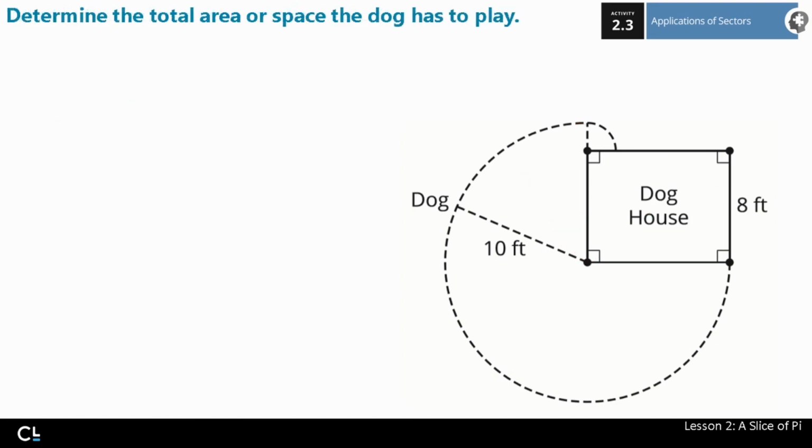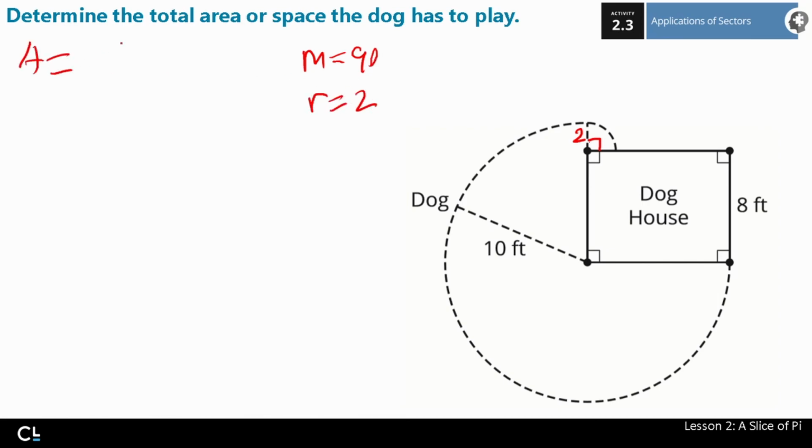And now it says, determine the total area or space the dog has to play. Well, we know this whole big sector, right? And the dog could still technically run in the smaller sector here. So we have to find the area of that smaller sector. For that smaller sector, we know that this radius is 2, and we have a 90-degree angle here. So M is equal to 90, and r is equal to 2.